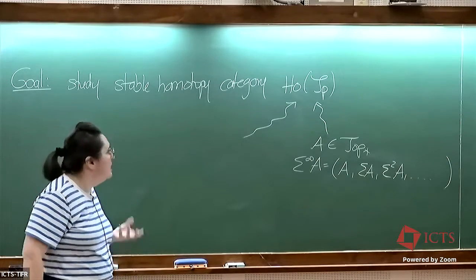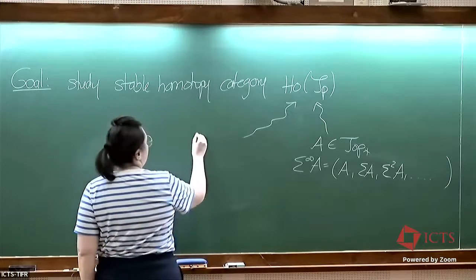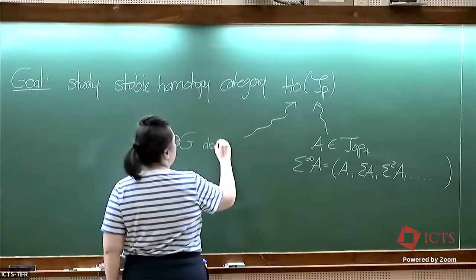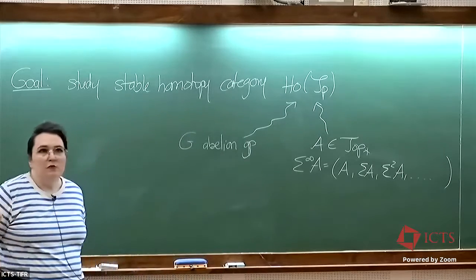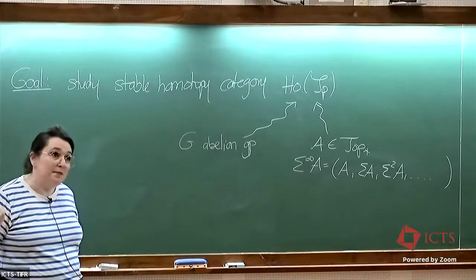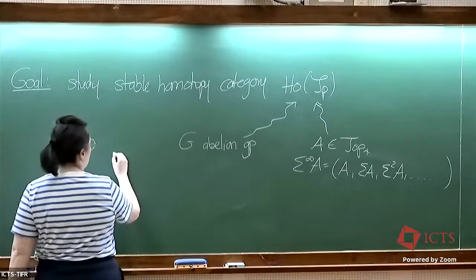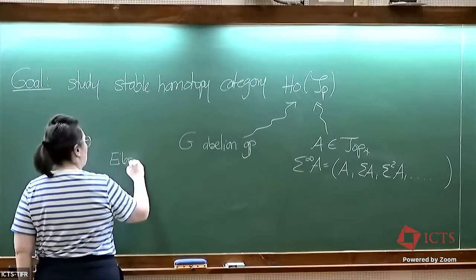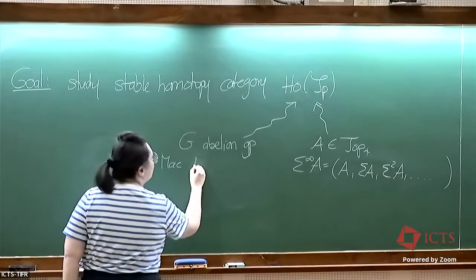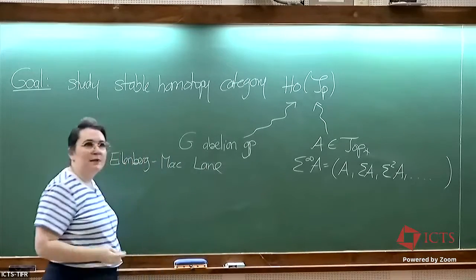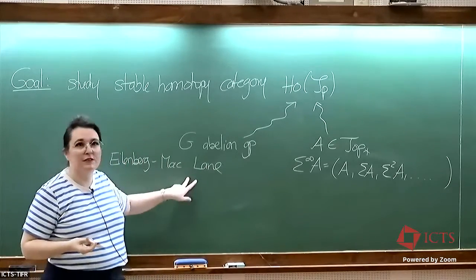So if you take G to be an abelian group, then we know Eilenberg-MacLane spaces. Always make sure to leave a gap. Make some referees very angry if you don't leave the gap.